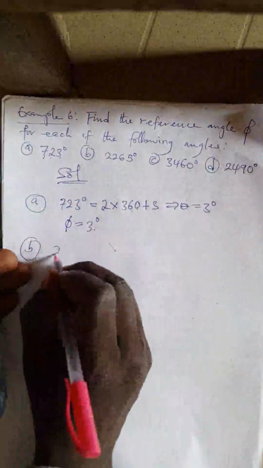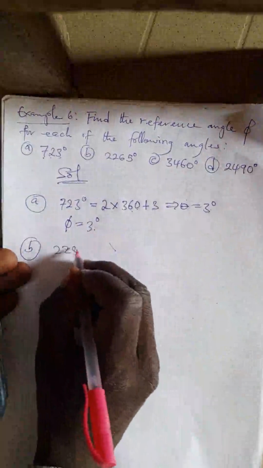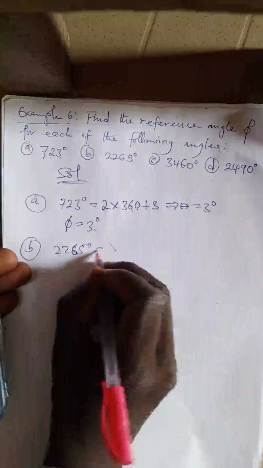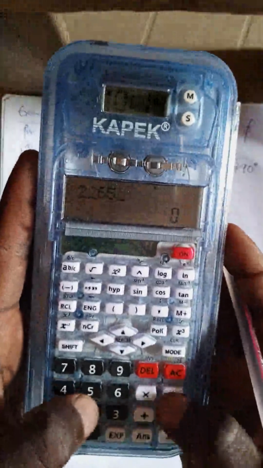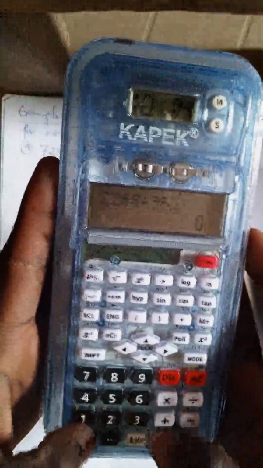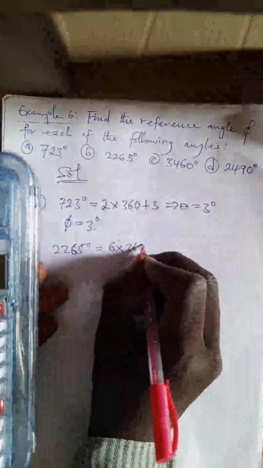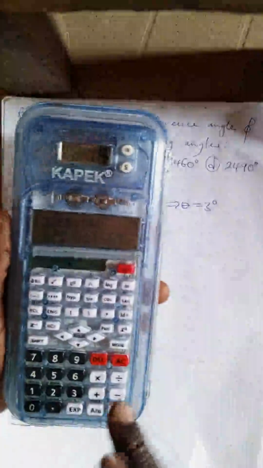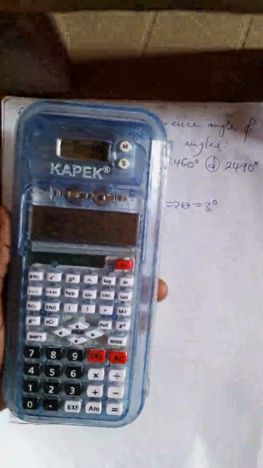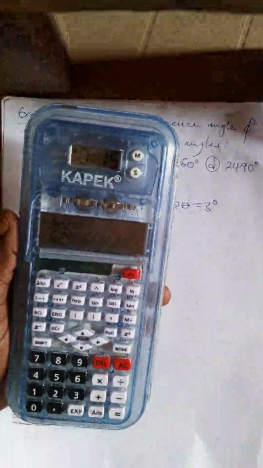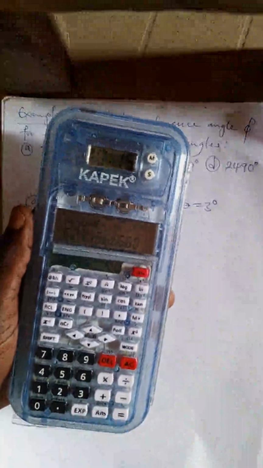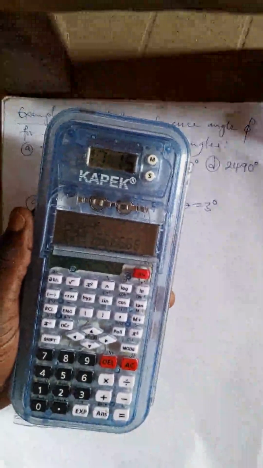Example B is saying 2265 degrees. So you see 2265 divided by 360 is equals to 6 point something. So you have 6 times 360 degrees, and then plus the remainder. So you just say, from the answer minus the whole number 6, and this is equals to 0.2916.